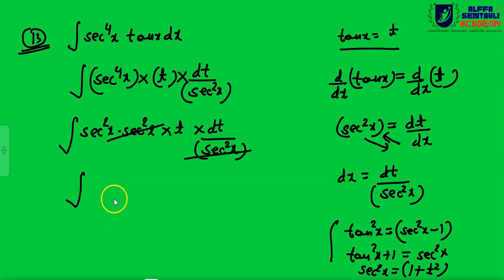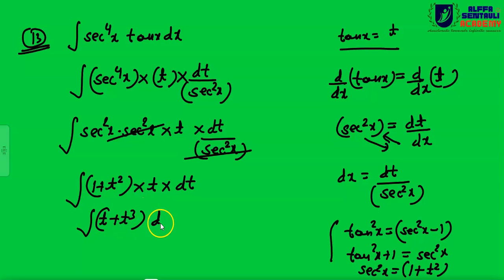So in place of sec square x I can directly write 1 plus t square multiplied by t multiplied by dt, right? Now let us multiply t inside. So this is t plus t cube dt. Now this can be integrated separately. So the answer is t square by 2 plus t to the power 4 by 4 plus c.